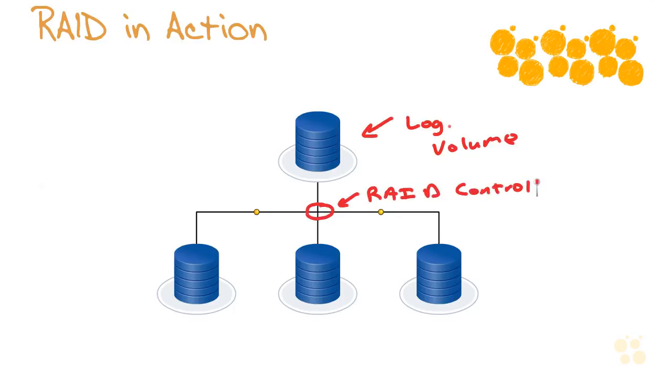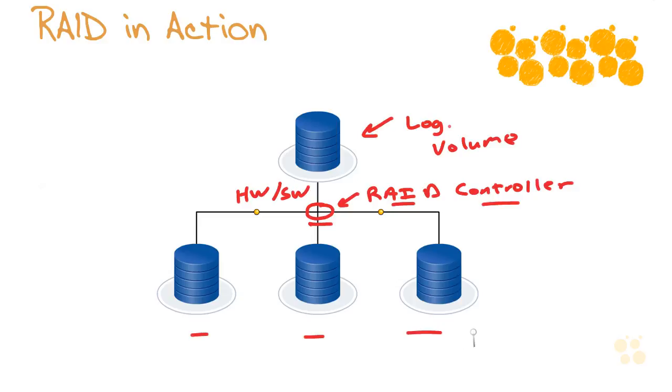That is going to be the traffic cop, that is going to be the intelligence that handles this redundant array of inexpensive disks. As we'll talk about in a moment, this particular RAID controller can be implemented as hardware or as software. And sure enough, there's disadvantages and advantages to each of these implementations.